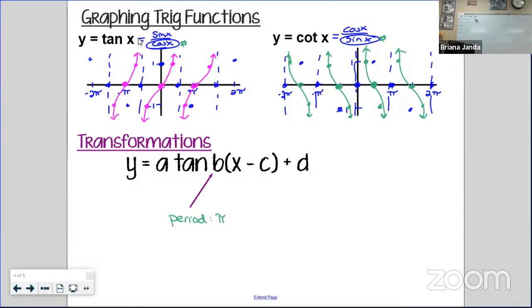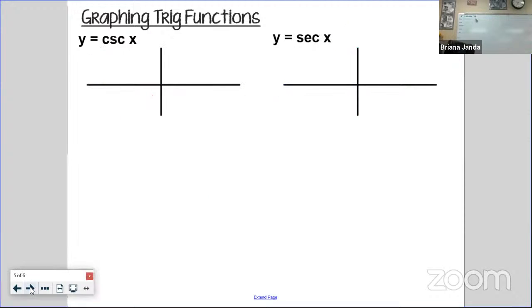The last 2 that we graphed were secant and cosecant, very similar to tangent and cotangent as far as our process. We start with dotting out the denominator. So secant is 1 over sine. So I dot out a sine curve.